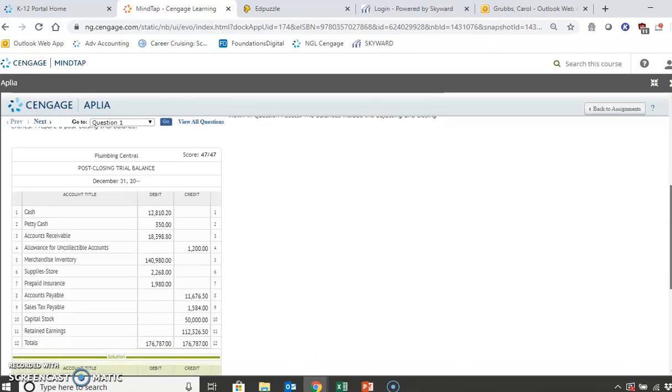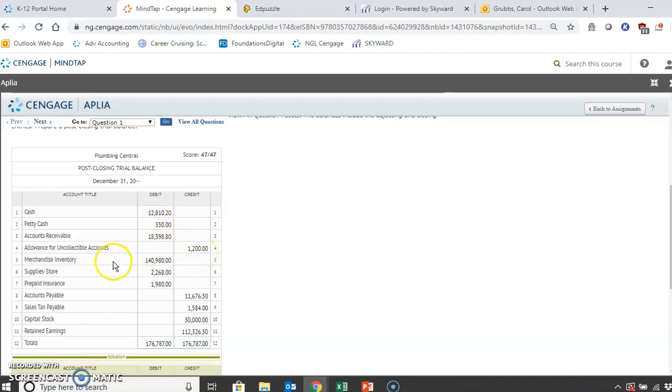Then you simply total those. If the numbers do not match, you know that you have an error. You likely put something in the wrong column, or you had some other kind of error in your calculation. But this is very simple. All you're doing is taking those balances, putting them in the right order, and putting them in the correct column, whether it's a debit or a credit.